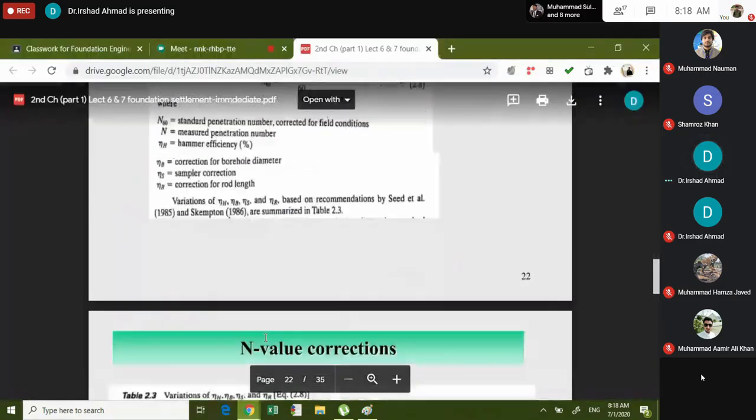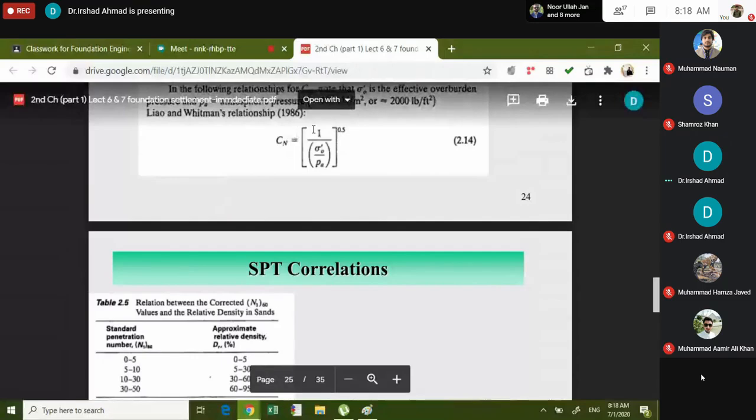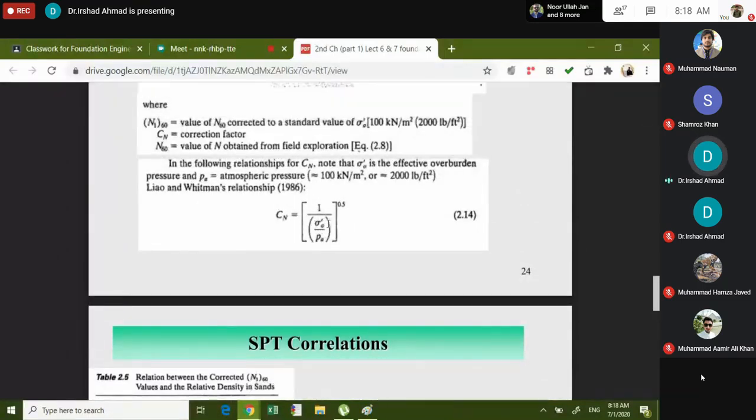Cn you can obtain from this equation, 1 over the square root of effective overburden pressure over atmospheric pressure. What is effective overburden pressure? It is gamma prime into Z. Z is the depth where you want to correct your SPT value.